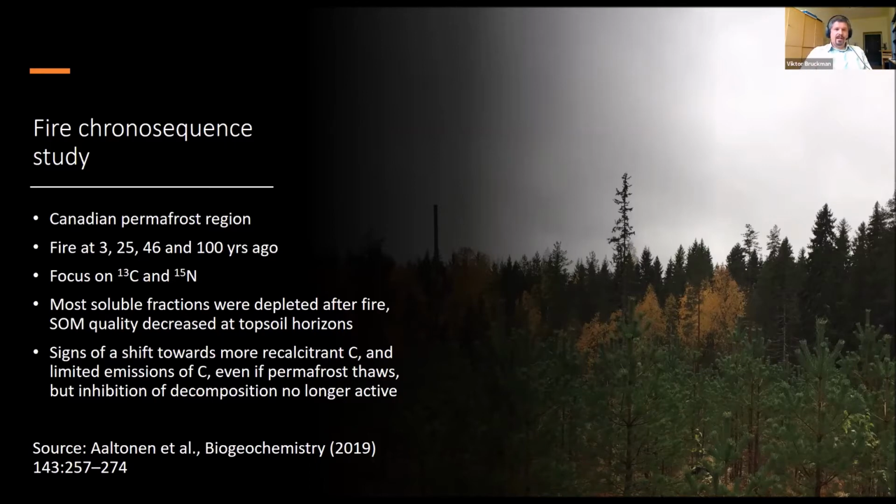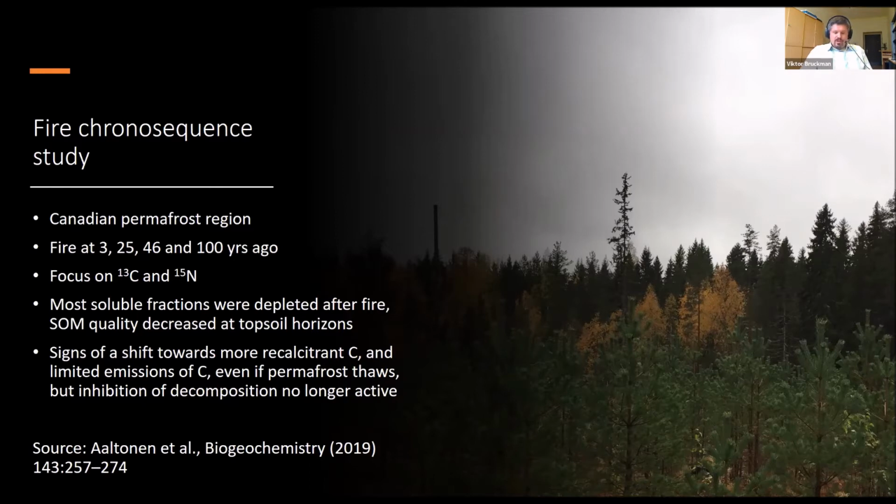And this is largely accounted to the accumulation of pyrogenic carbon. Soil organic matter in soils at the permafrost surface could be mainly recalcitrant, and its decomposition is not particularly sensitive to changes resulting from fire, and this is actually good news.